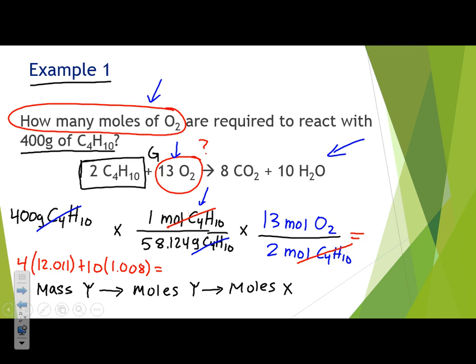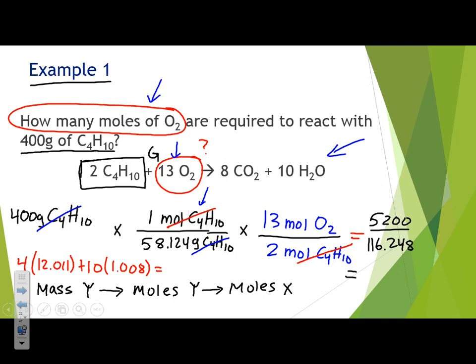So we go ahead and calculate this out. On the top, we have 5,200, and on the bottom, we have 160.248.